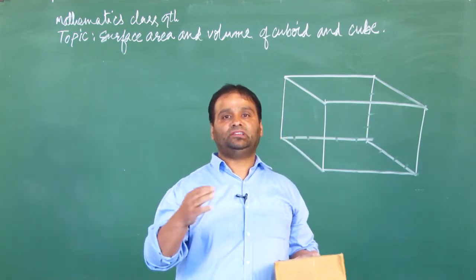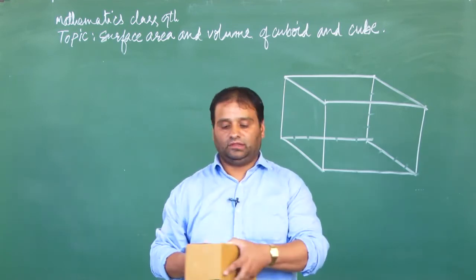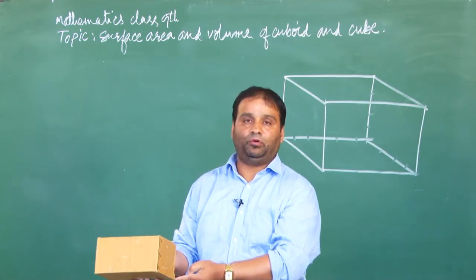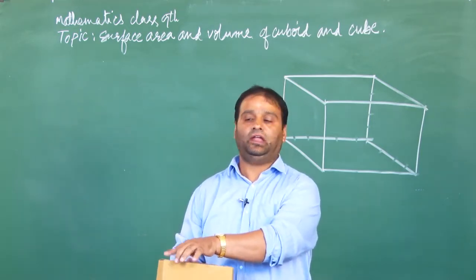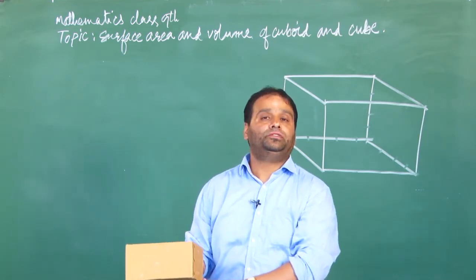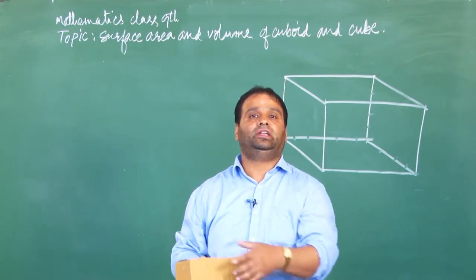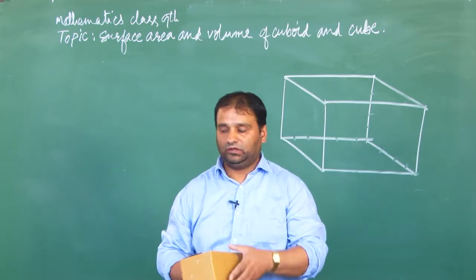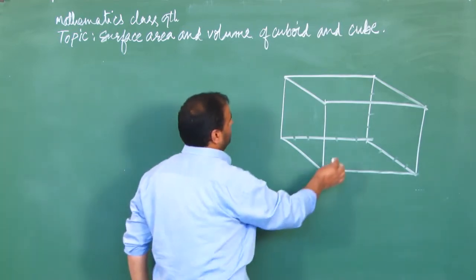It is an imaginary line which you draw from one corner of this cuboid to its opposite end at the bottom, the other vertex. The top vertex and the bottom vertex of the opposite side. The line segment so joined is called the diagonal of a cuboid. The diagonal of a cuboid is denoted by D. It is like this.